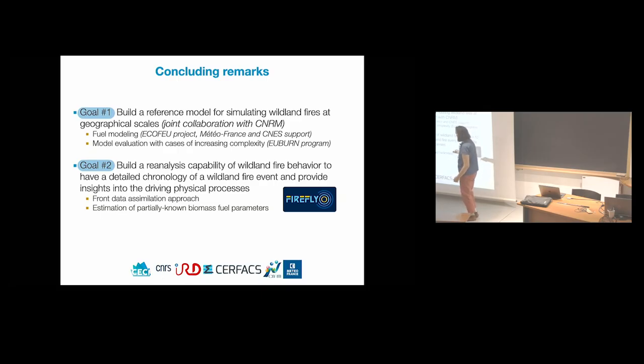If we have this, then we hope we could really investigate the driving physical processes that led to the fire front propagation, and then at some point why we have large fires in some situations. But to go there, there are some methodological aspects we have to investigate: how to do a proper front data assimilation and which fuel parameters are important to estimate.